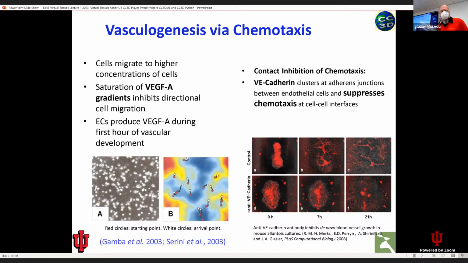There were some experiments by Gamba and Serini going back 20 years now that seemed to suggest that was possible. And we were involved with some experimentalists who showed that there were some other things going on about how cells stuck together that seemed to be very important. Endothelial cells, when they had free surfaces, were able to respond to external chemicals, but when they were touching each other, they didn't respond.